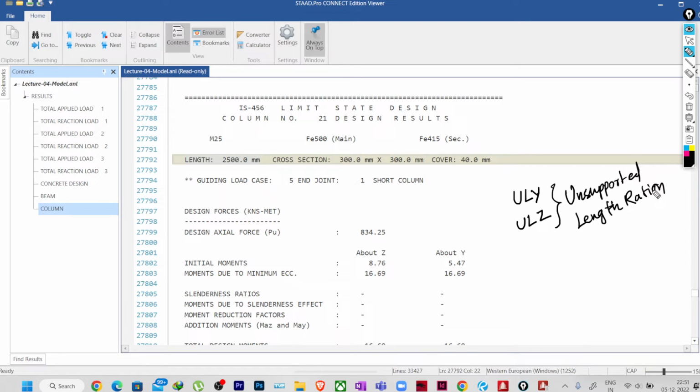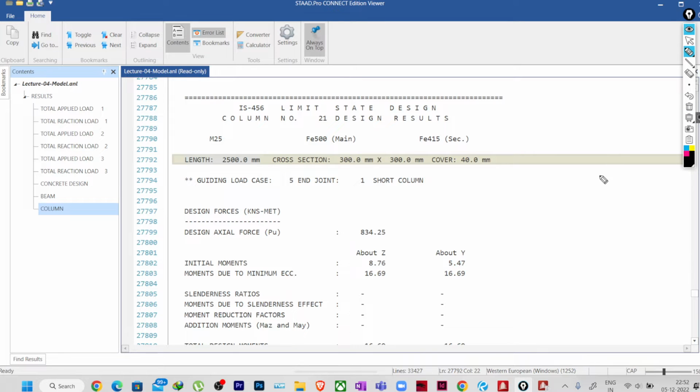Unsupported length ratio means the ratio of unsupported length, L unsupported, by actual length. This is the unsupported length ratio we need to assign.